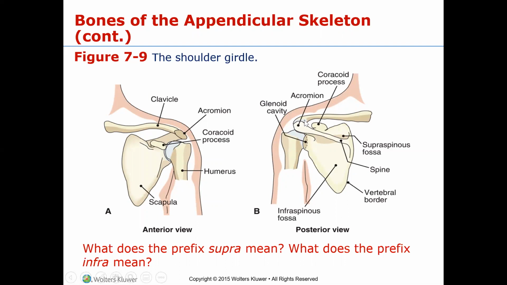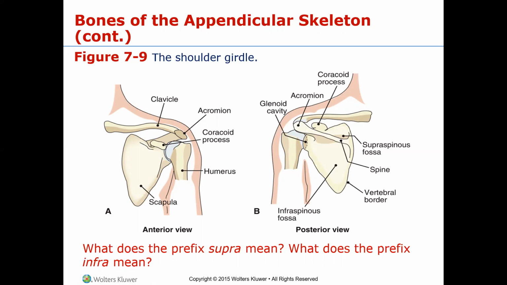You can see it here where we have our clavicle, and then the acromion, which is the back portion of the scapula, is attached to the clavicle.